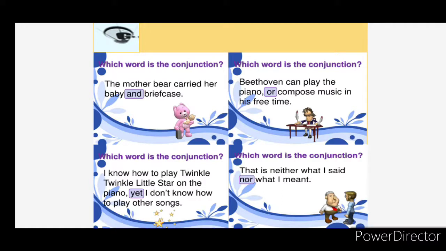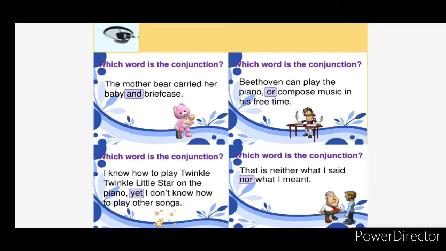Next sentence. Beethoven can play the piano or compose music in his free time. Here or has been used as a coordinating conjunction. I know how to play Twinkle Twinkle Little Star on the piano, yet I don't know how to play other songs. In this sentence, we can see yet is joining two sentences.